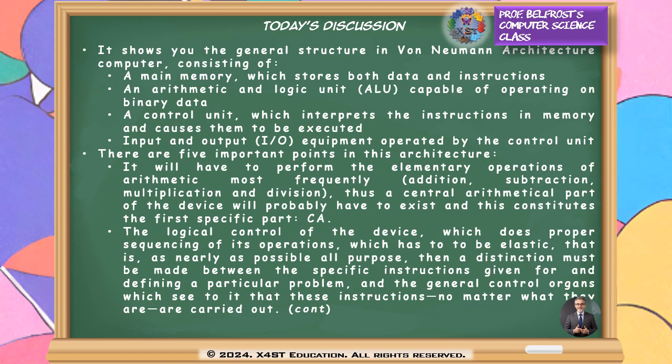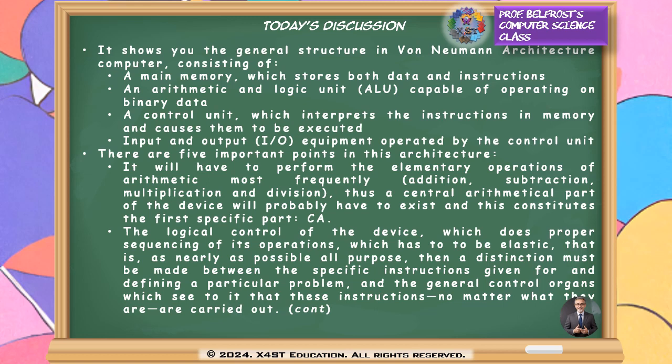So the previous picture is to show you the general structure of a von Neumann architecture, which consists of, first, a main memory which stores both data and instructions, and second, an arithmetic and logic unit, ALU, capable of operating on binary data.